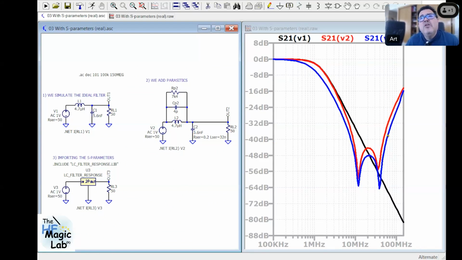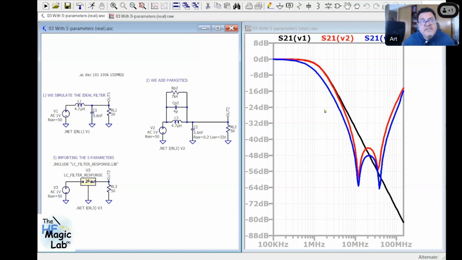And in blue color, you can see the response of the total filter, including the layout and all the elements around the system. In this way, you can use this to adjust the values of specific parasitics, or identify what parasitics in your layout or in your setup are dominating some specific peak that appears like a resonance.